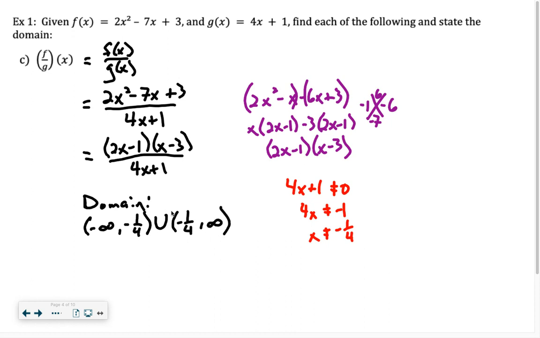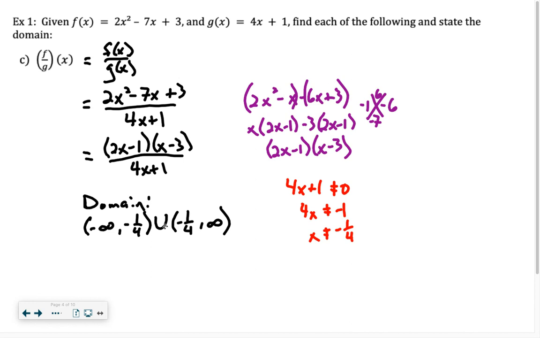Remember, that's how we exclude a single value from the domain using interval notation. So f divided by g looks like this, and the domain is just skipping this one value.